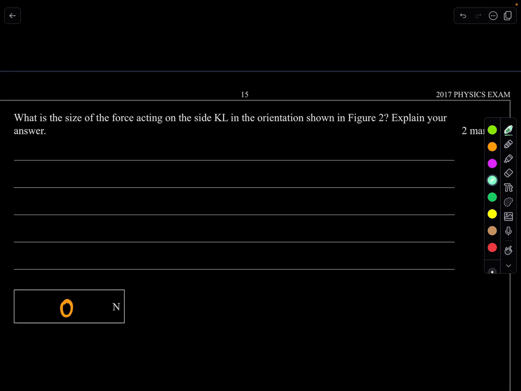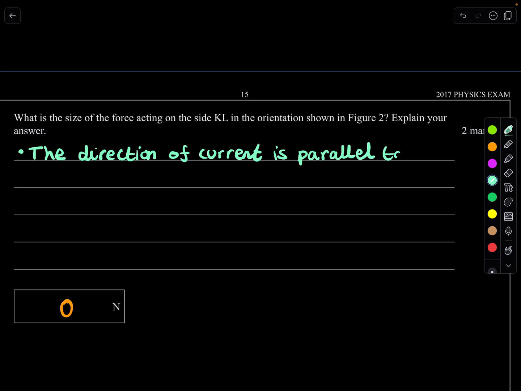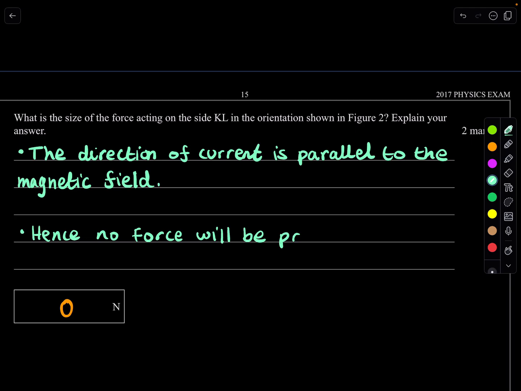All you have to say, just one dot point: the direction of current is parallel to the magnetic field, and hence no force will be produced.